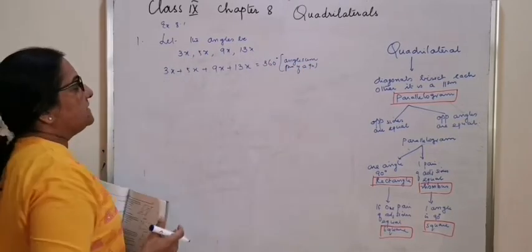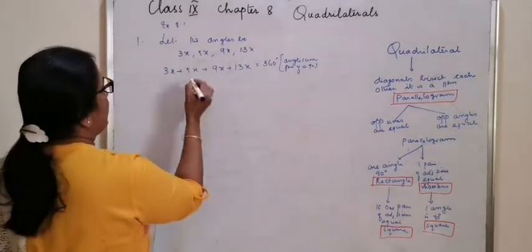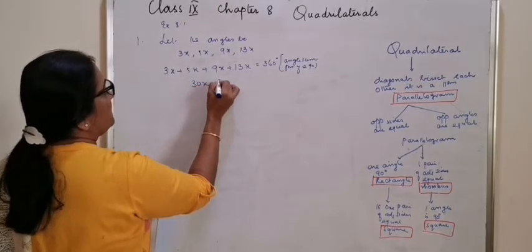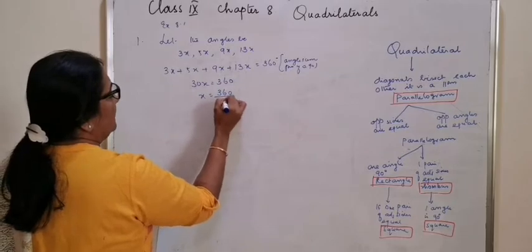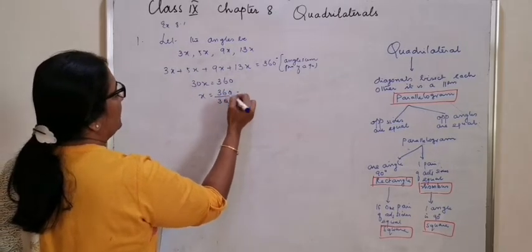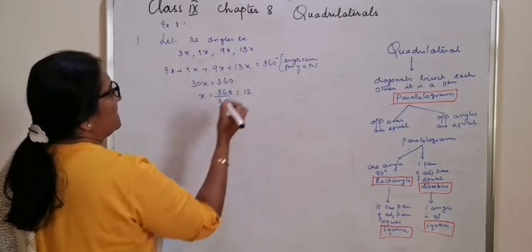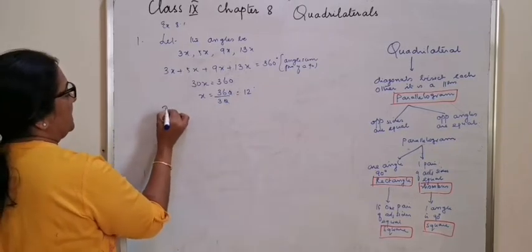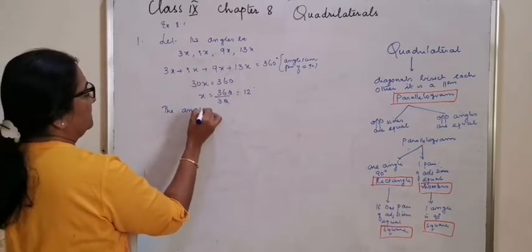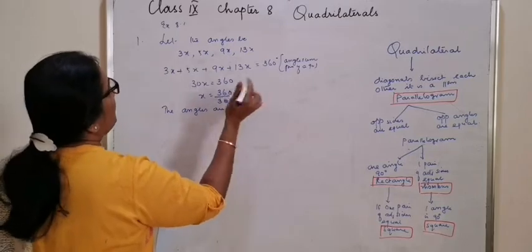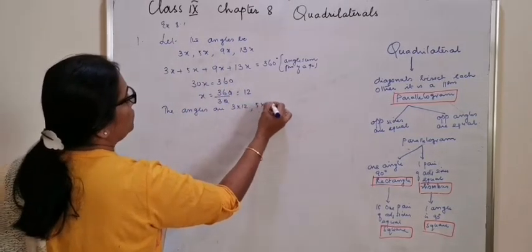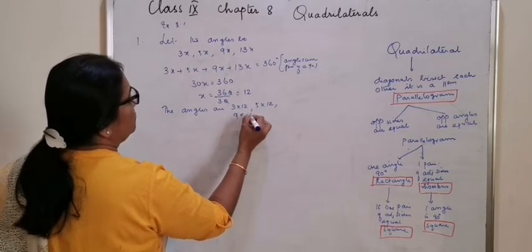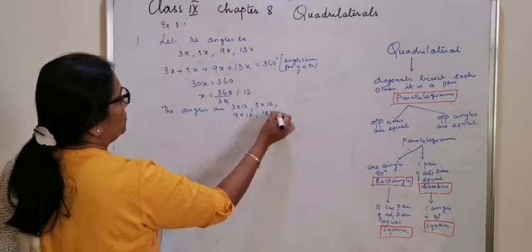5 plus 3 is 8, plus 9 is 17, plus 13 is 30. So 30x is equal to 360, or x is equal to 360 divided by 30, which is 12. So the angles are 3 into 12, 5 into 12, 9 into 12 and 13 into 12.